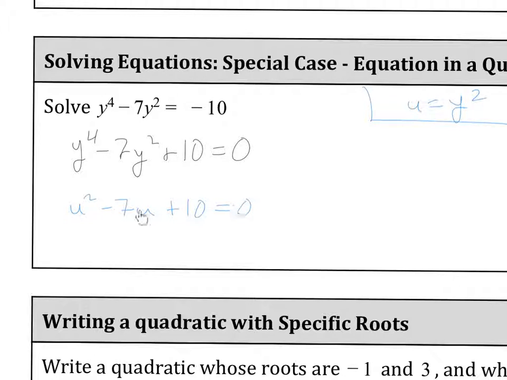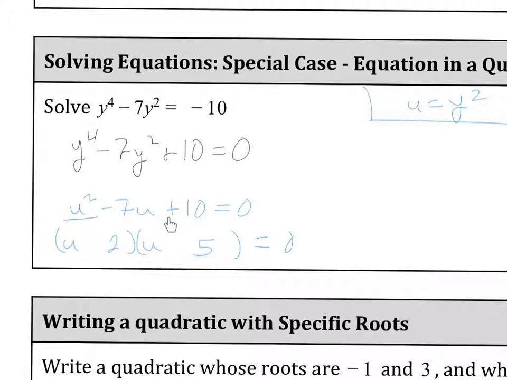And now I'm going to go ahead and factor and solve and do all that kind of fun stuff, but there's going to be an additional step. So reverse foiling here. The only way to get a u squared is with a u and a u. For the 10, it could be 2 and 5, or it could be 1 and 10, but since there's a 7 over here, I'm thinking probably 2 and 5 is the way to go.